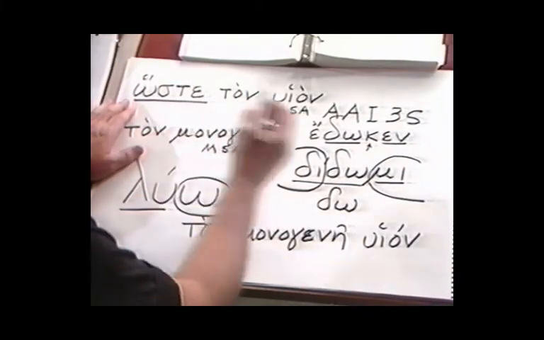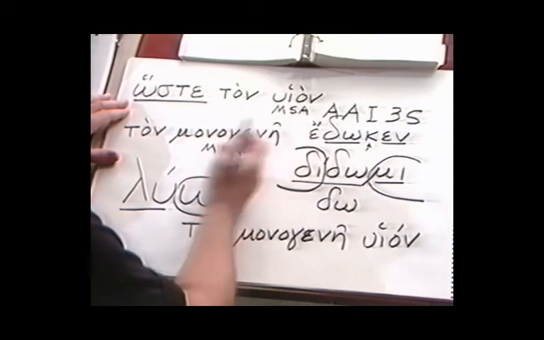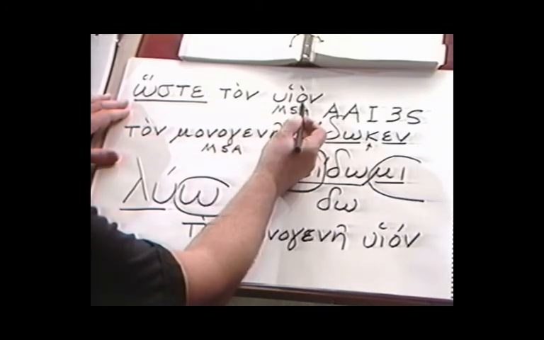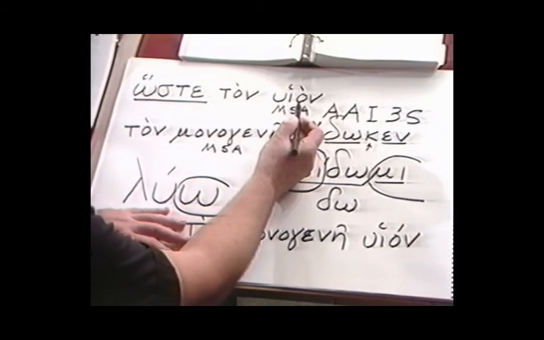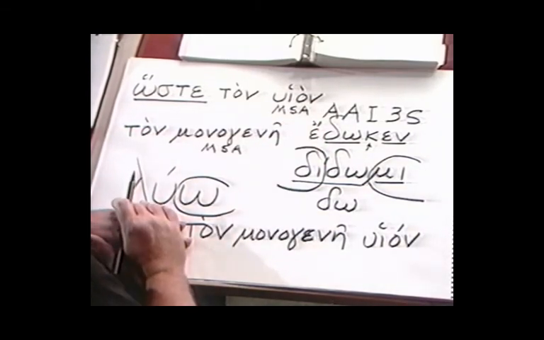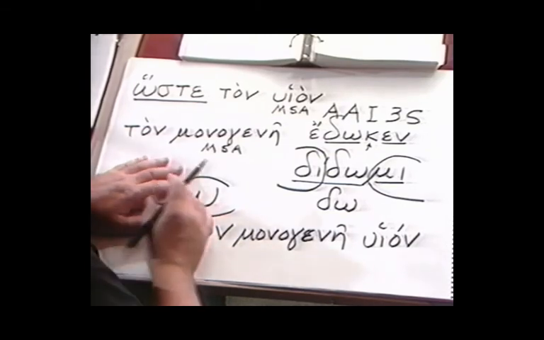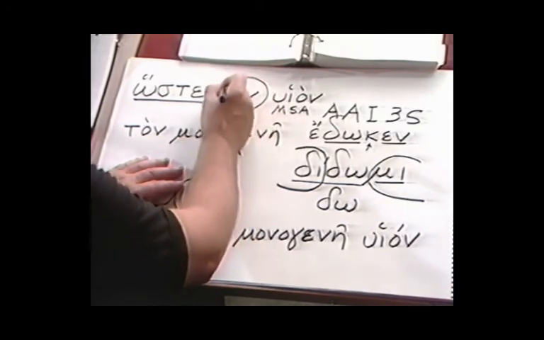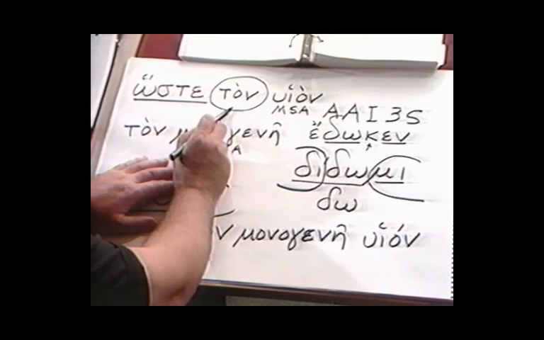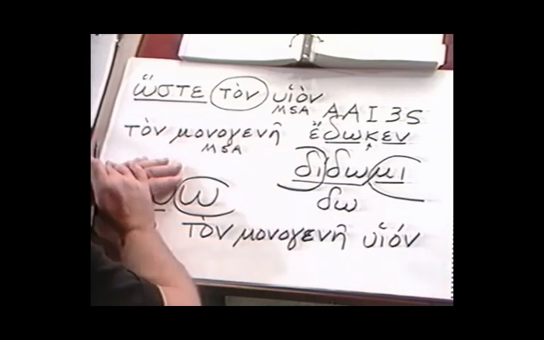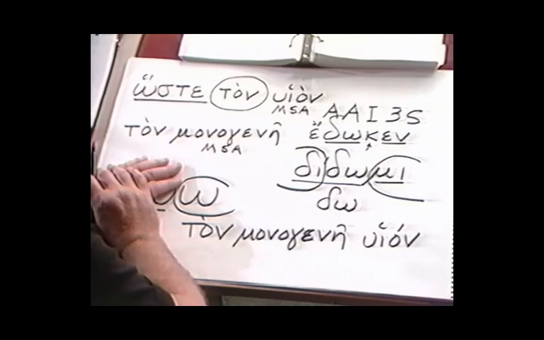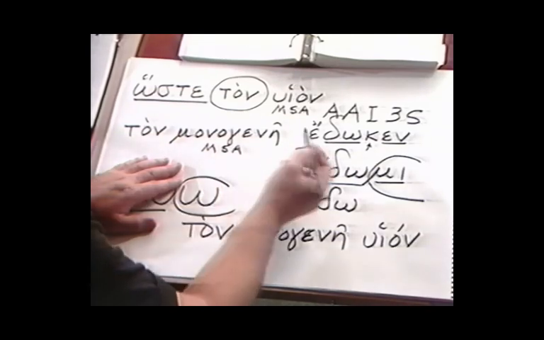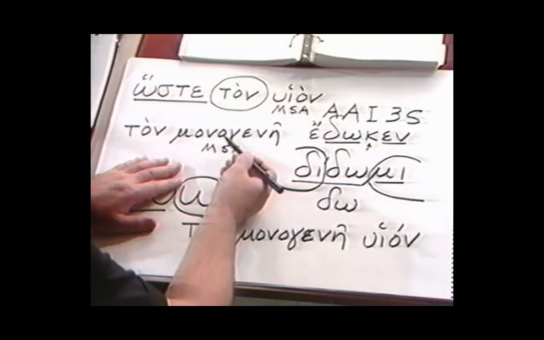The result is that He gave the only begotten Son. Now, you're used to the translation with the result that He gave His only begotten Son. The word His isn't present here, but I will tell you that there are times when the definite article can stand in place of a personal pronoun if the context allows for it. And in this particular context, it certainly does. So it is perfectly legitimate to say, with the result that He gave His only begotten Son.